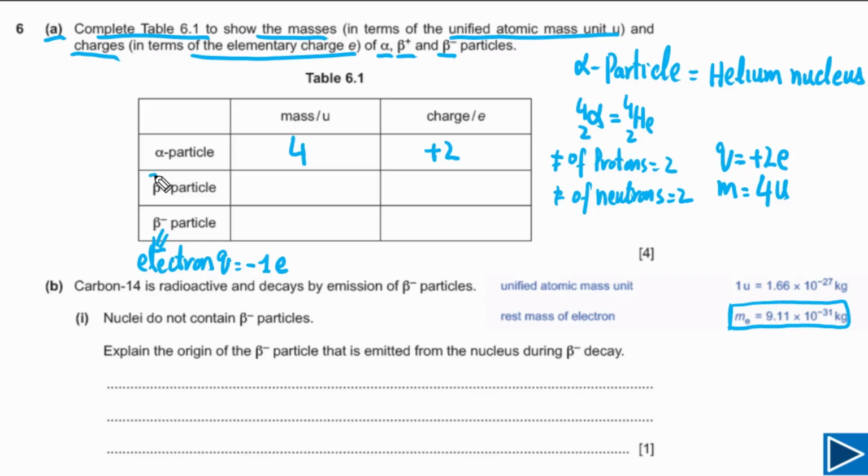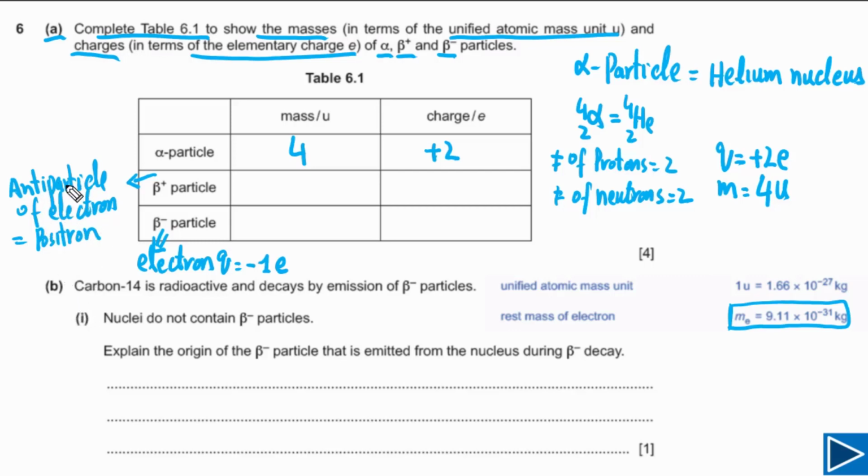Next one is beta plus particle. Beta plus particle, in fact, is the antiparticle of electron. So simply we can write down here, this is antiparticle of electron. We also call this one a positron.